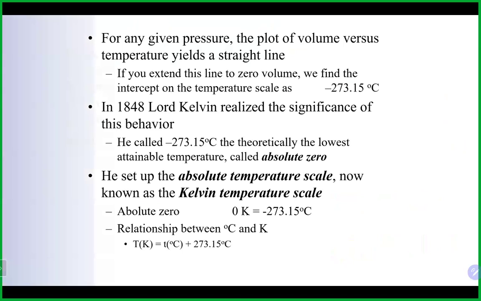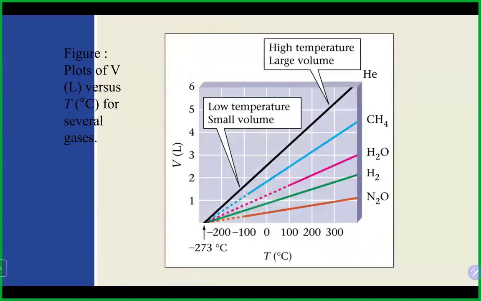Now, one of the interesting things, if you plotted a Charles law plot for any gas you choose, so we got like helium, methane, water vapor, hydrogen gas, and so forth. If you plotted volume versus temperature, and you did a straight line plot, and you extended those straight lines to the temperature line, every single gas, no matter which one you choose, they all hit the same spot.